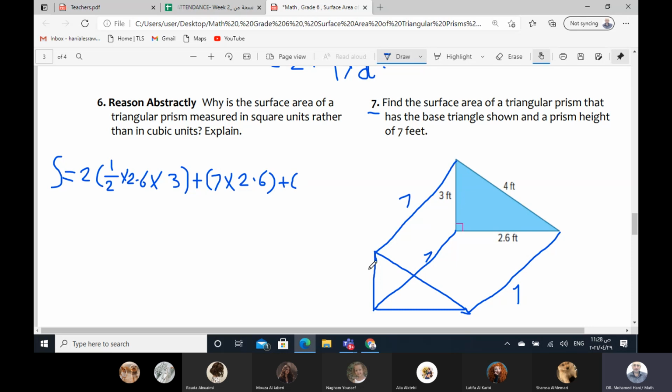Then here we have a rectangle, length 7 and width 3. Then we have here the top, also a rectangle, 7 times 4.